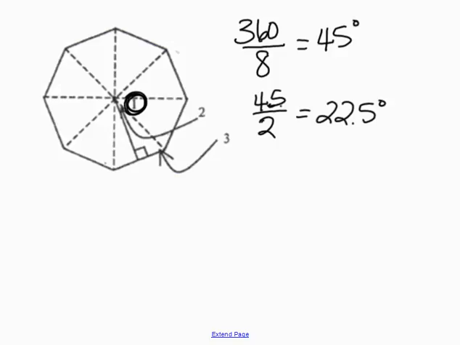So that's angle 2, right here. And then angle 3, right here, is going to be 180 minus 90 minus 22.5, which is 67.5.